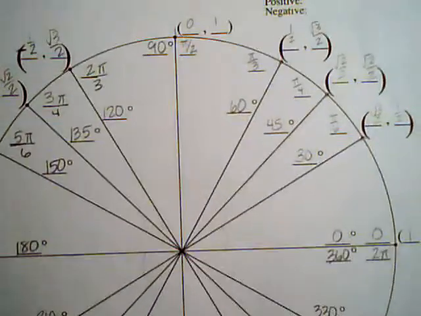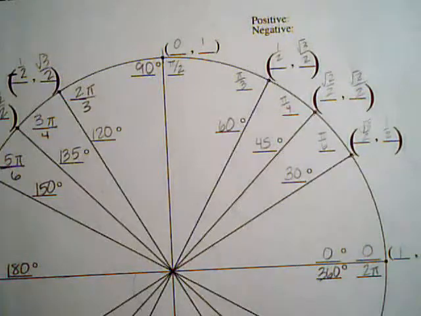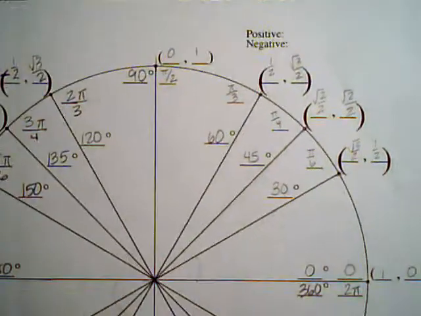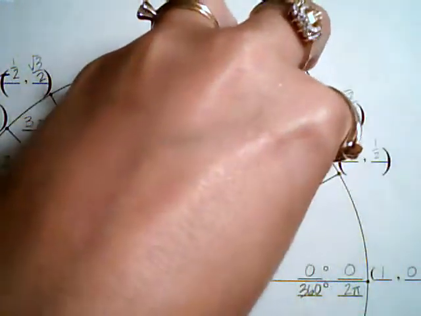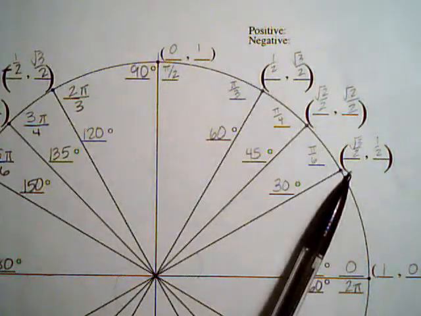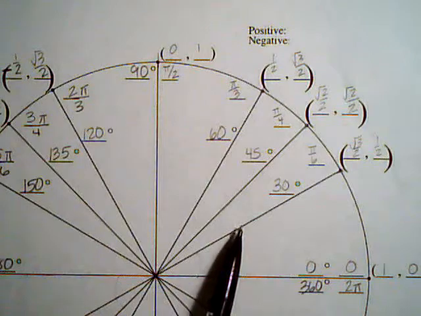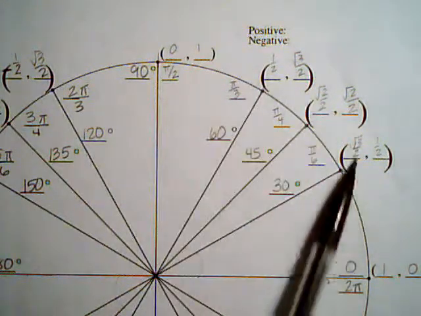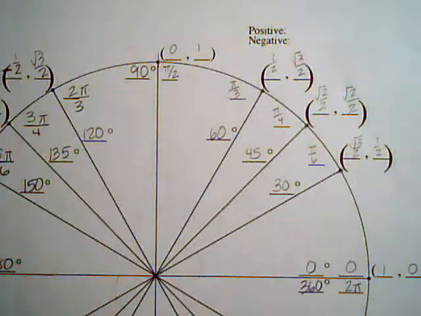Okay, like I said at the beginning of this, it'll be a good idea for you to memorize at least the first quadrant here, especially these points, and then look at what the patterns are. You know, we see these same points repeated, just the sign may be different depending on what quadrant you're in.